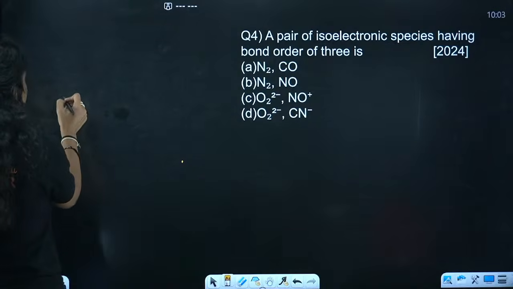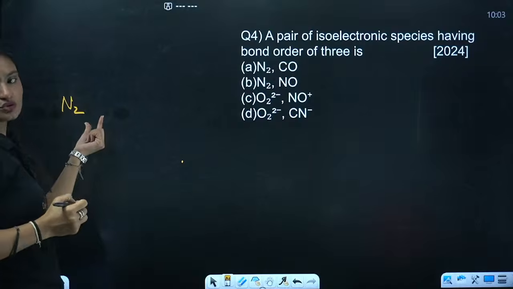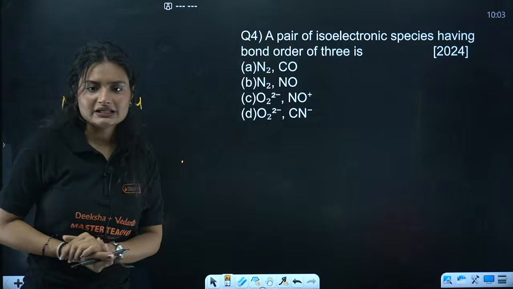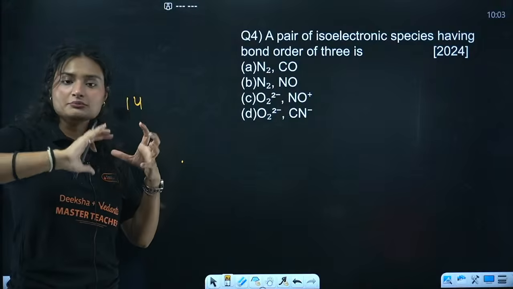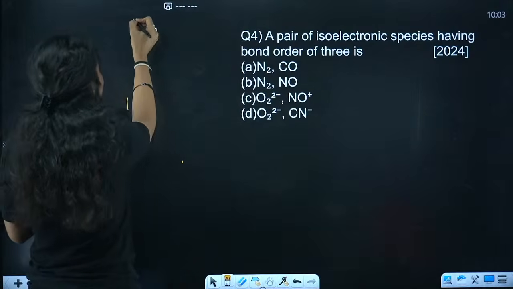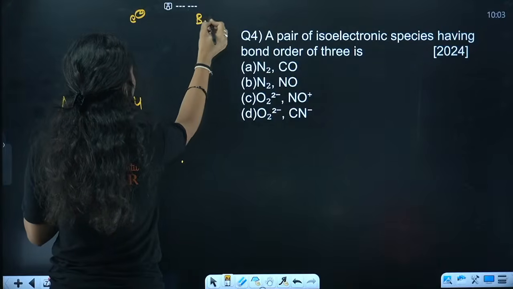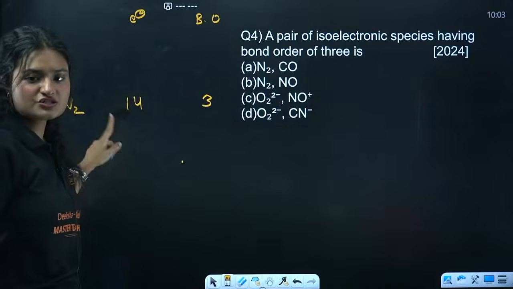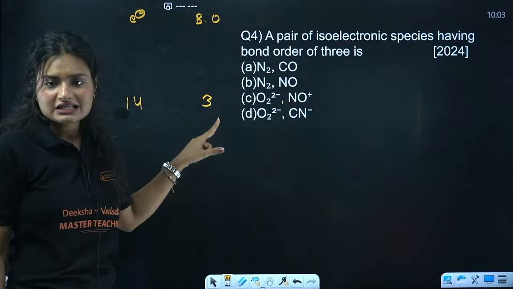So we take nitrogen. How many electrons does nitrogen have as the standard? Nitrogen has 14 electrons, right? So when the number of electrons is 14, the bond order is 3. Simple.